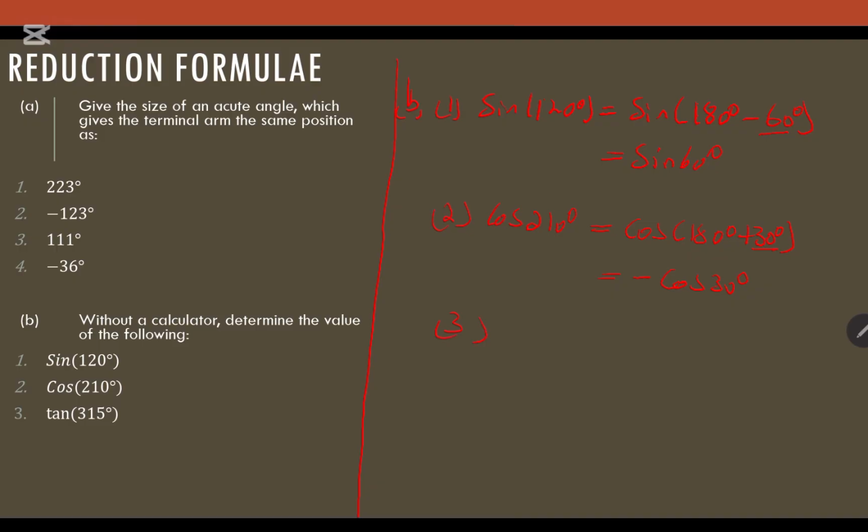Lastly, we're looking at tan of 315 degrees. Now 315 degrees, this angle finds itself in the fourth quadrant. Now in the fourth quadrant, 315, we can simply say 360 minus 315, and that gives us 45 degrees.